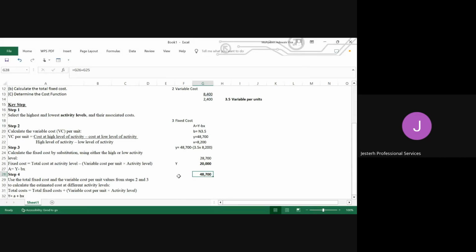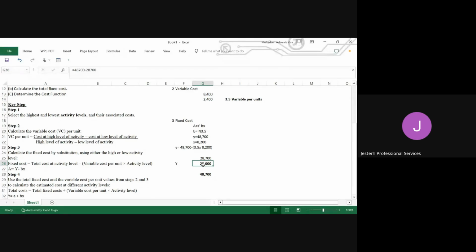the fixed cost. In this case, if the company decided to increase the level of activities now, our total fixed cost is still going to remain constant, while the variable costs in total will increase. But the variable cost per unit is going to remain constant.